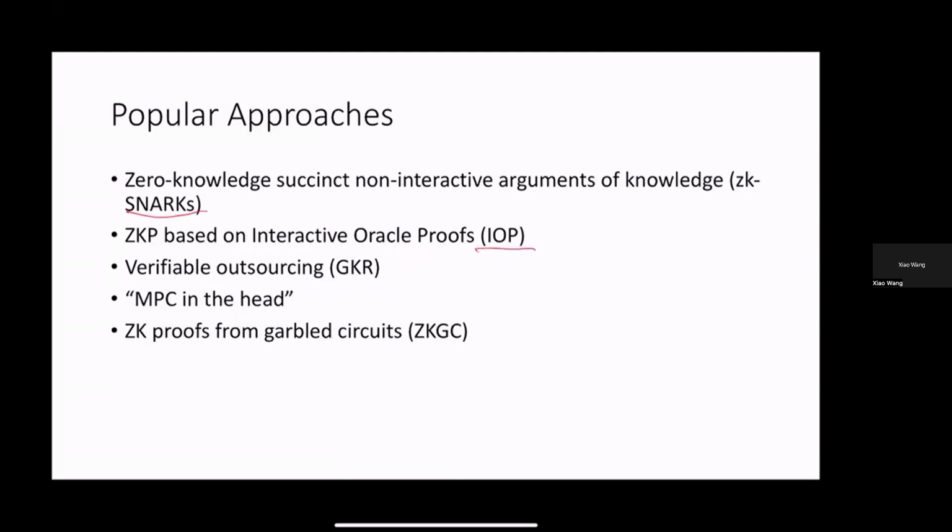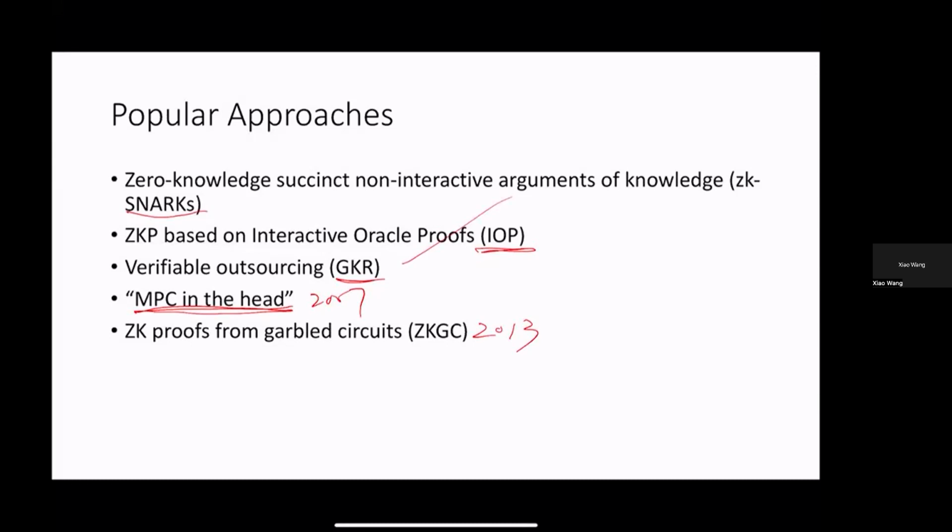There are IOP-based protocols. There are, for example, GKR-based protocols. There are protocols based on the idea of MPC in the head. This one is like 2007, this one is like 2013, and these three have a longer history.